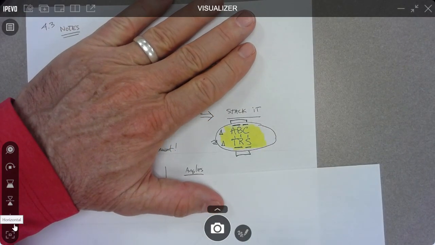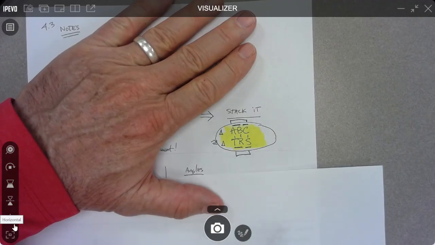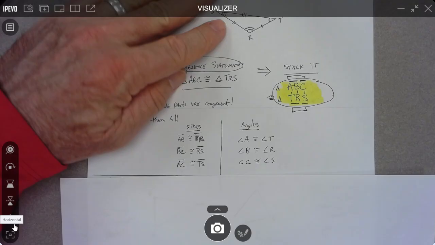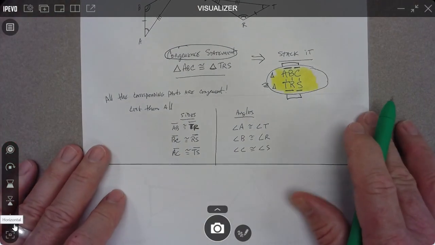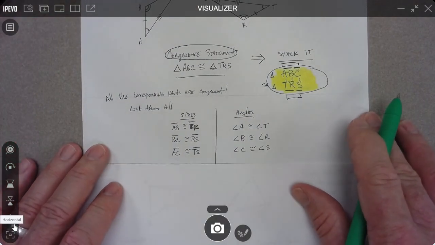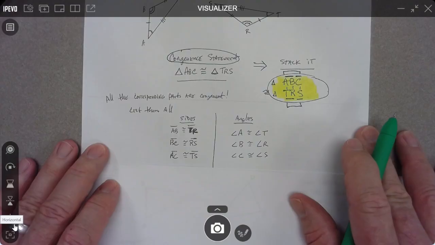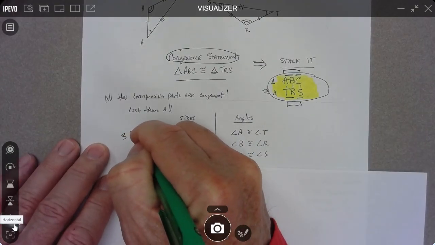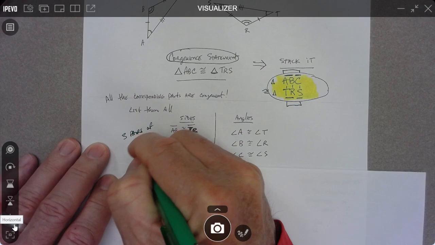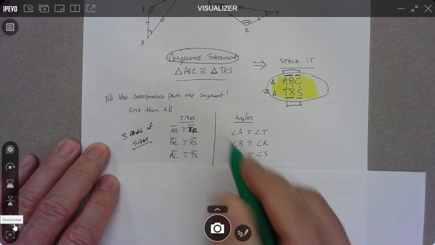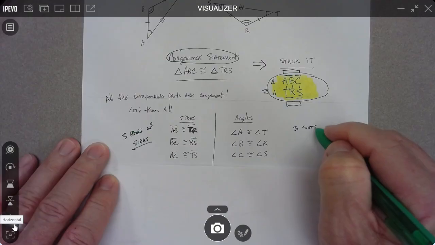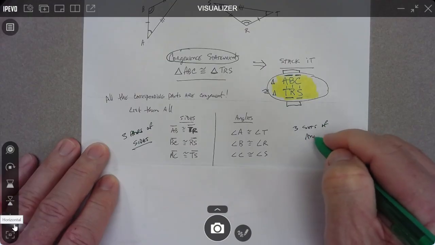Okay, and so you'll see this the way that I marked that up. Once you know how to stack, you don't have to mark all that I just marked, but it tells you a lot of stuff. The first question they ask when they come up to congruent triangles is, what's true if two triangles are congruent? Well, there's a whole lot of things that are true. There are 3 pairs of sides that are congruent, and there are 3 sets of angles that are congruent.